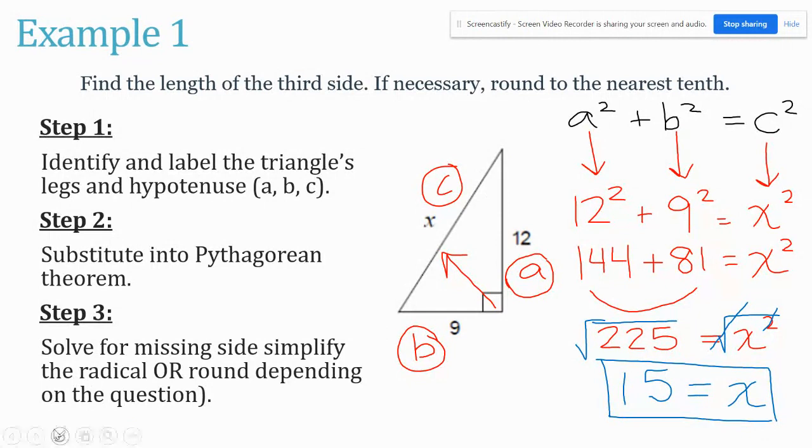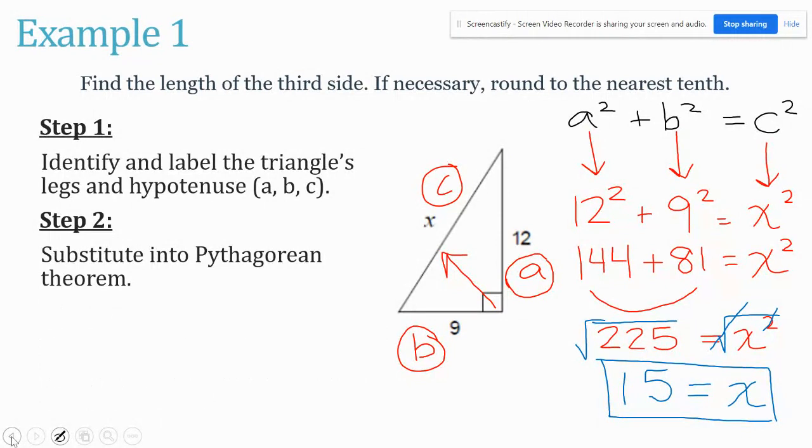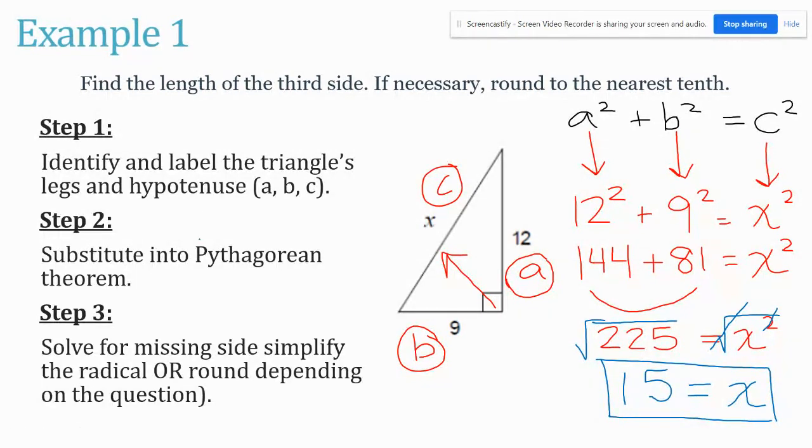Hopefully you noticed also I kind of gave you the answer on the last slide because this is a Pythagorean triple. And we talked about if we were to take 3, 4, 5 and multiply it by 3, we would get 9, 12, 15. So this is just an example of a Pythagorean triple multiplied by 3. All right, let's take a look at one more example.